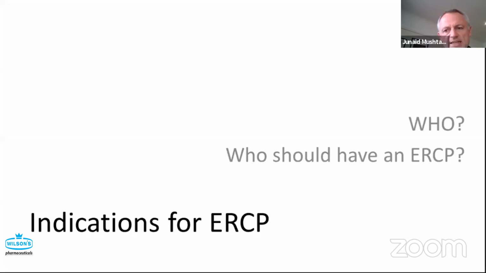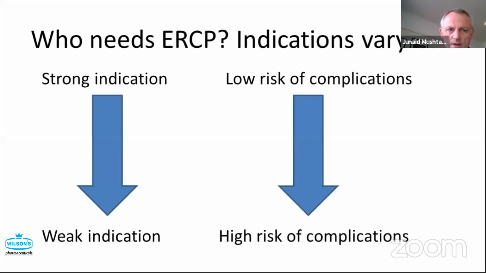So what are the indications for ERCP? Who should we be doing it in and who should we not? I think broadly there are two things to say. There's the indication and there's the risk of complications. And interestingly, they are very, very closely aligned. So the stronger the indication you have, the lower the risk of complications.